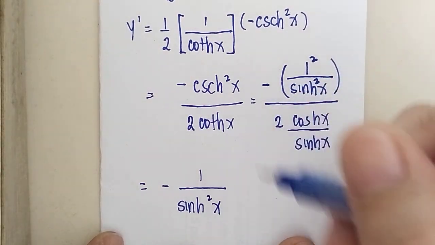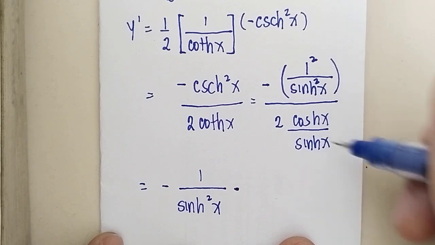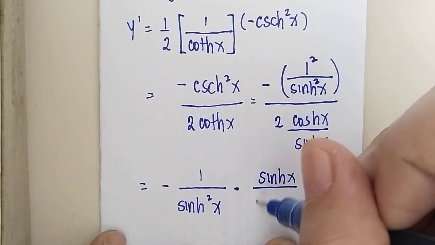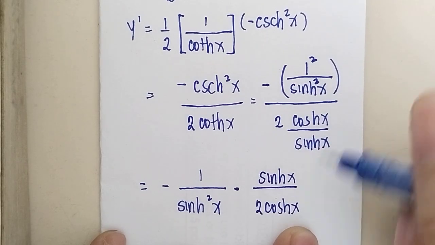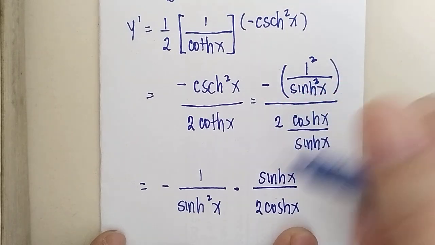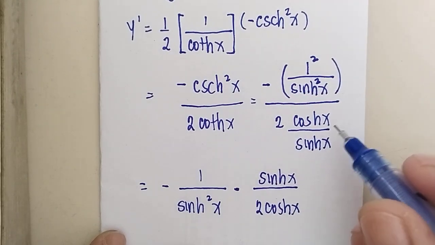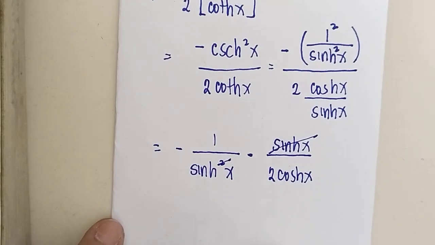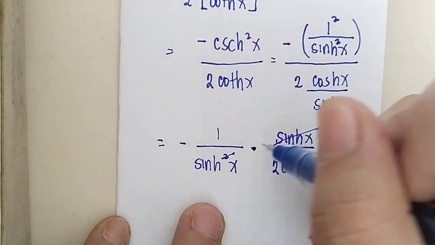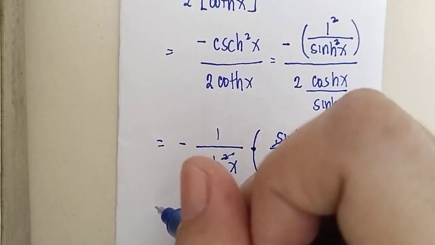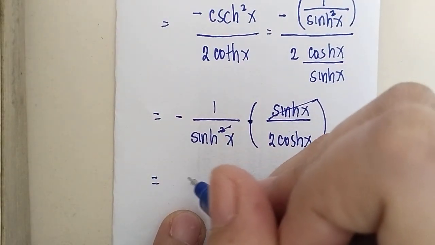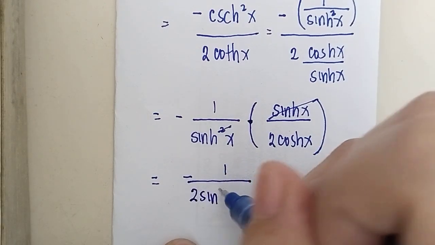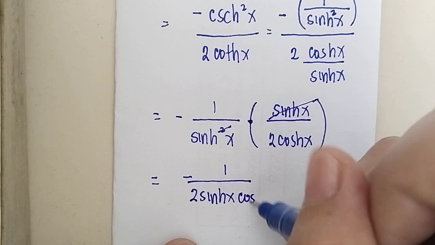Then, to make it multiplication, you have to get the reciprocal. So, hyperbolic sine all over 2 hyperbolic cosine goes on top. Instead of division, it is now multiplication. So, we take the reciprocal, and we notice that one factor can cancel. Now we have negative 1 all over, the denominator being 2 hyperbolic sine of x and hyperbolic cosine of x.